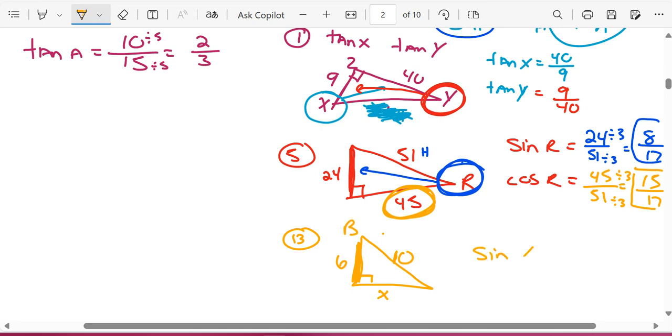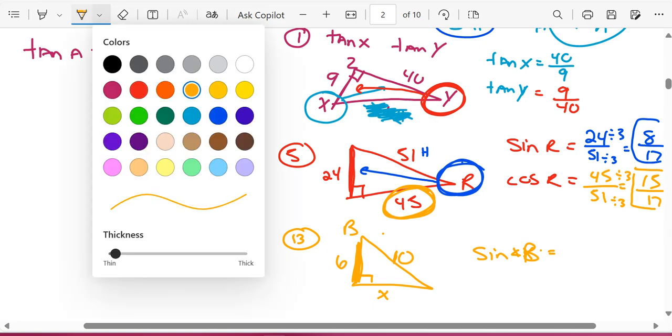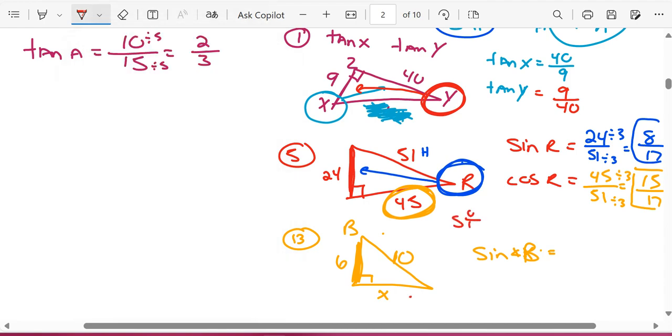What I don't want to happen here is I do not want you to write the sine of B is opposite over hypotenuse, and then you tell me x over 10.